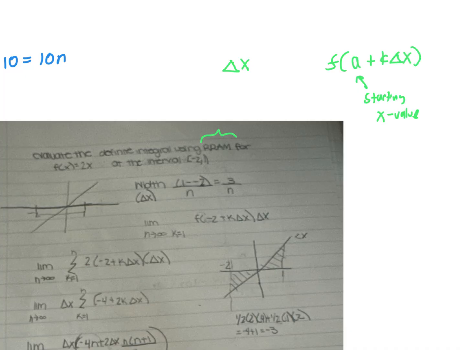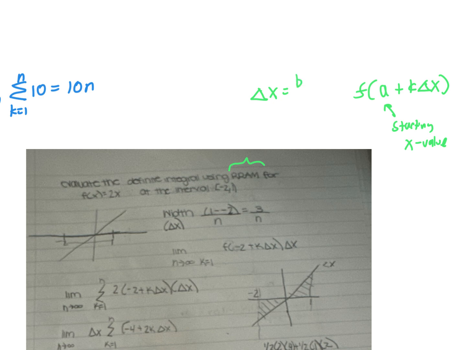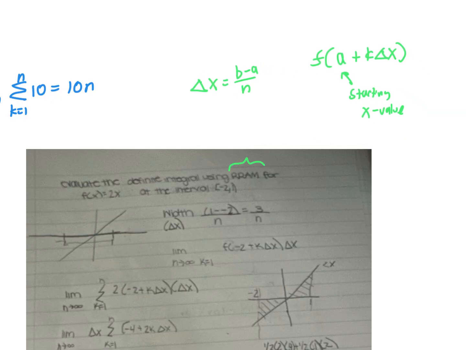You're going to be dealing with that, okay, as well. Now, delta x is going to be b minus a all over n. So these are sort of things that you need to remember specifically for this right RAM situation.